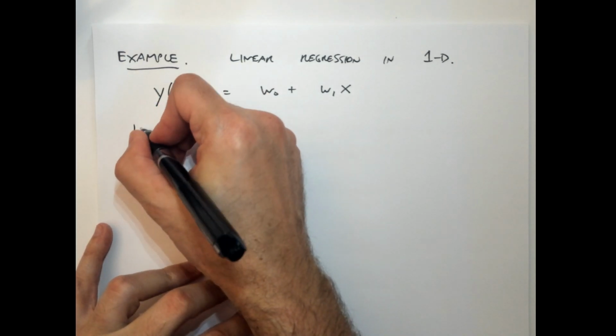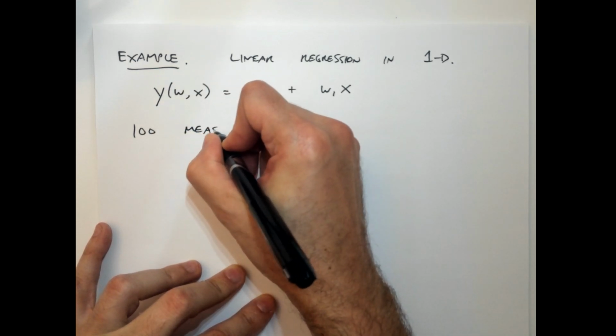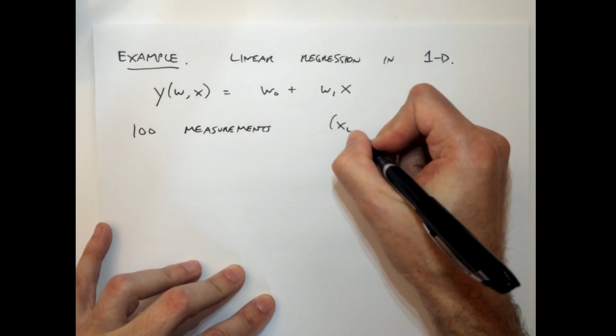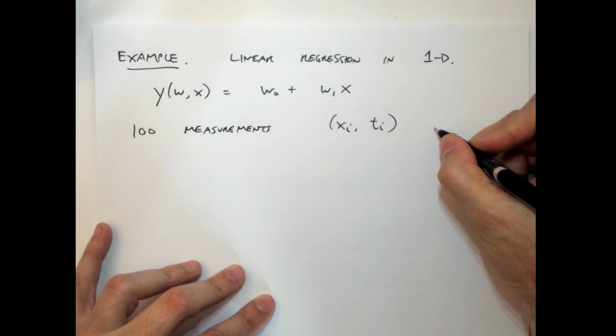And let's say we have 100 measurements, xi, ti.